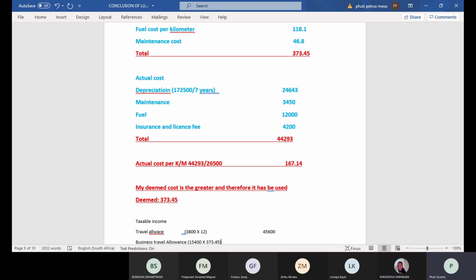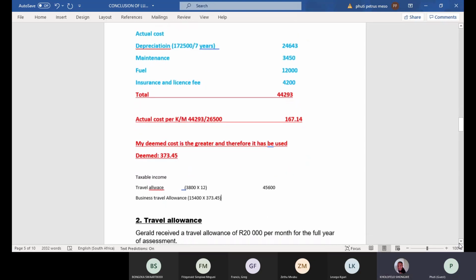Okay, I've got this, and then you have to divide this by 100. So you're going to have 57,511.3. Did you get that? Yes, I got that.